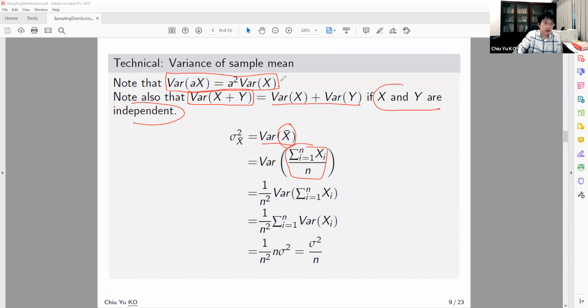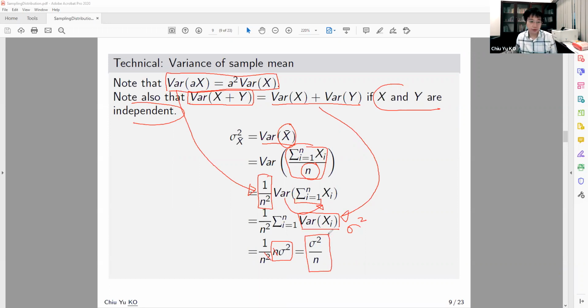Now we invoke the first property: 1/n comes out, so that's 1/n squared. And now we invoke the second one: the variance of the sum is the sum of the variances if they're independent. Because it's a simple random sample, you can take the variance in. Each variance is sigma squared, n of them, so that's n sigma squared, and n cancels out, so you have sigma squared over n. So that's the proof. Is that okay?